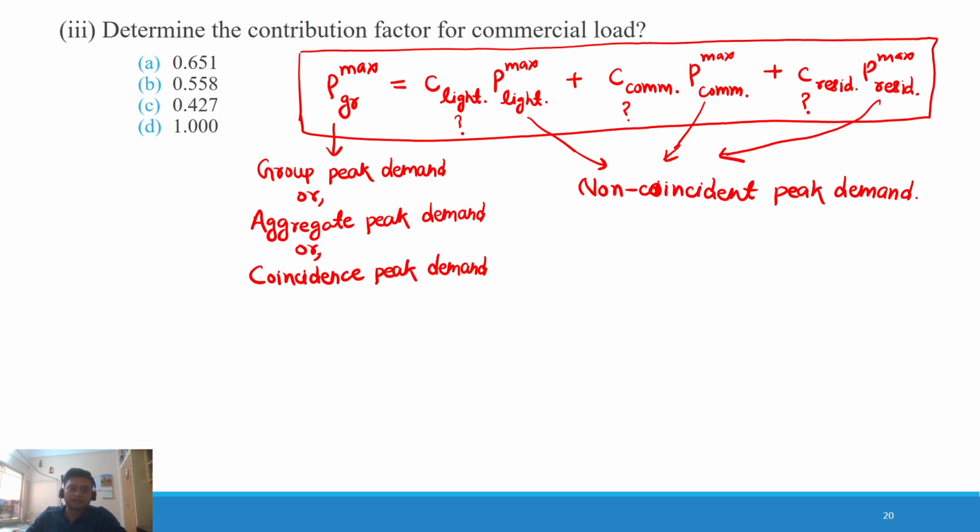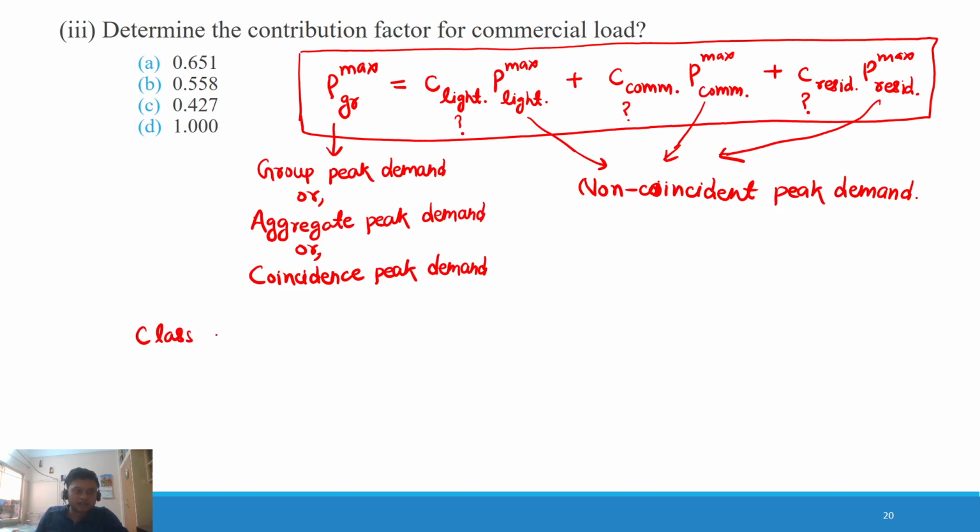We know the maximum demand for commercial load, for lighting load, and for residential load, but we don't know the contribution factors. So for that we will use another formula.